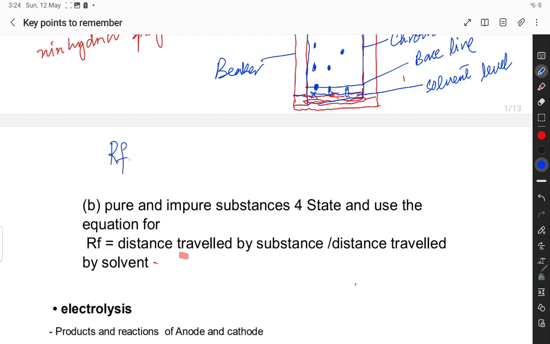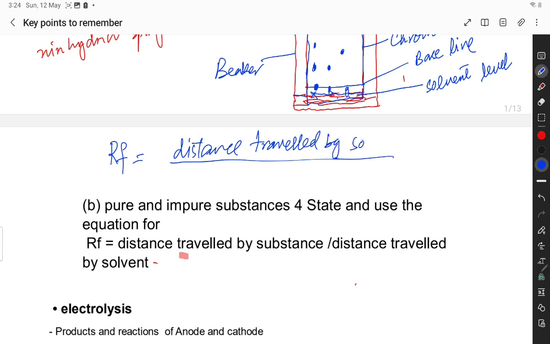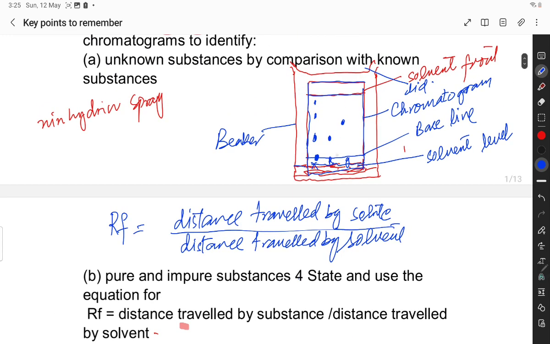Rf is equal to the retardation factor, which is equal to the distance traveled by the solute divided by the distance traveled by the solvent. Solute is this. For example, if you want to identify the Rf of red dye, this is the solute, measured with the scale, and this is the solvent level.